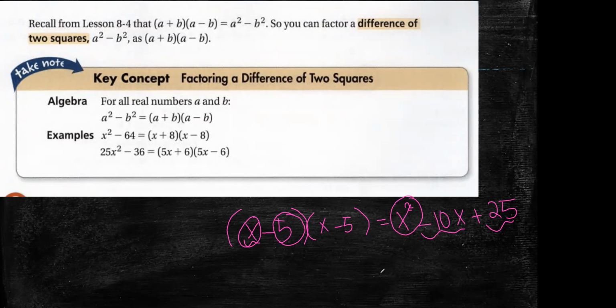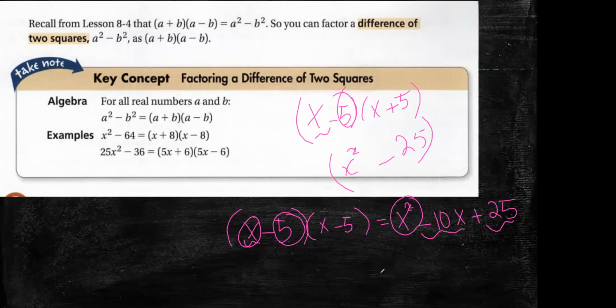But if we have two factors with the same number and a different sign, like x minus 5 times x plus 5, what did we say? We wrote the square of the first term minus the square of the second term.